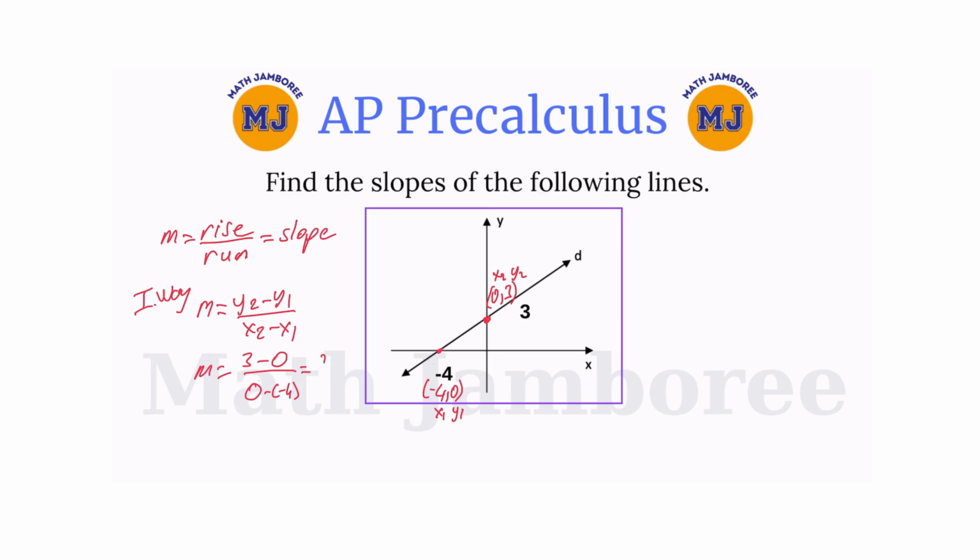So this is 3 over, two negatives next to each other turn into a positive, and it's 3 over 4. This is the first way of finding its slope. If you know the coordinates of the two points, you can find it that way.